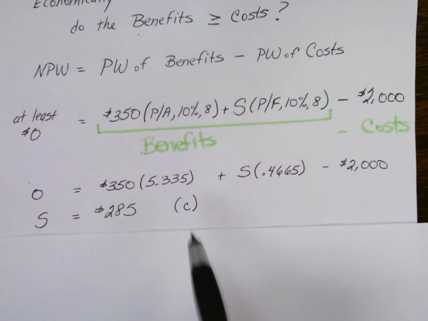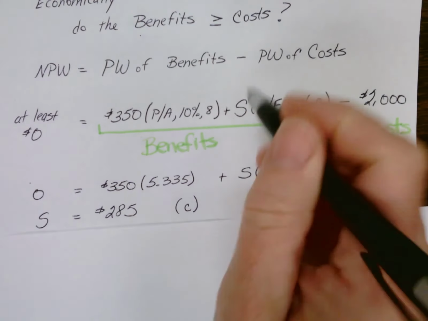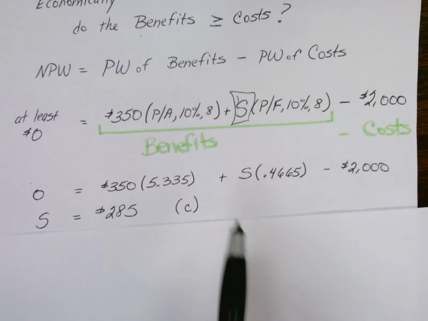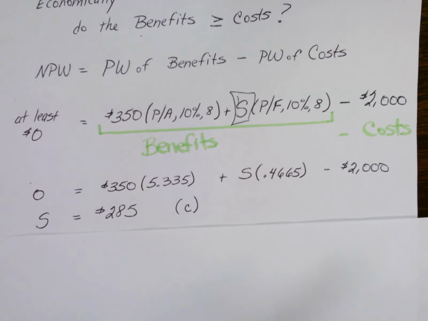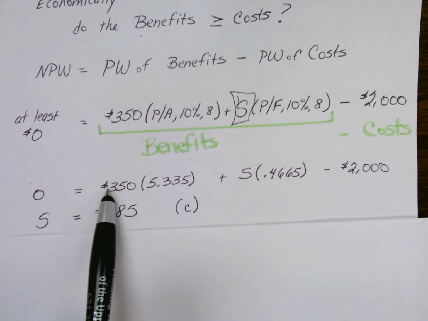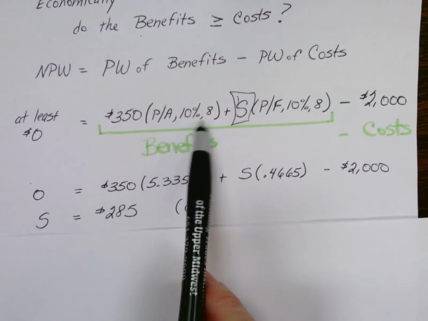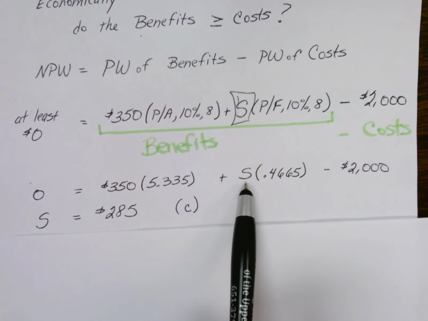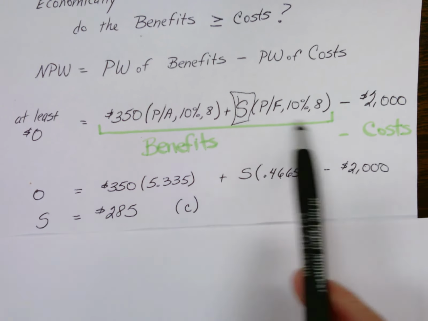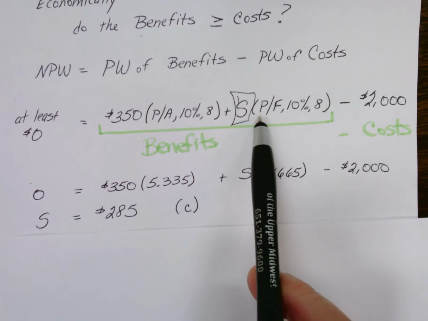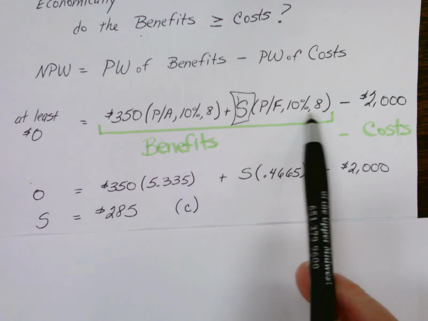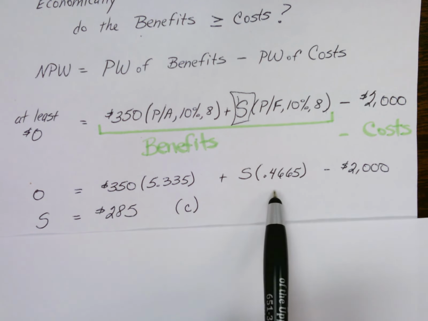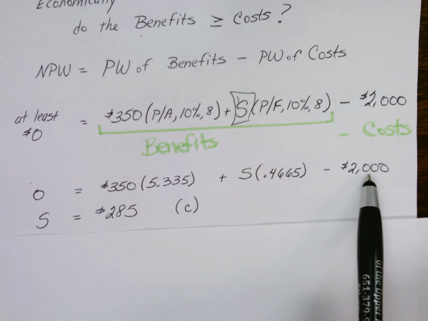Okay, and then just solving, we want to solve for S here, right? That's our one equation, one unknown, solve for future salvage value, future selling price. So 350 annuity times the factor from this table is 5.335 plus future salvage value times this factor, PF column, 10% interest table, 8 years, we get this factor, minus $2,000 initial cost.